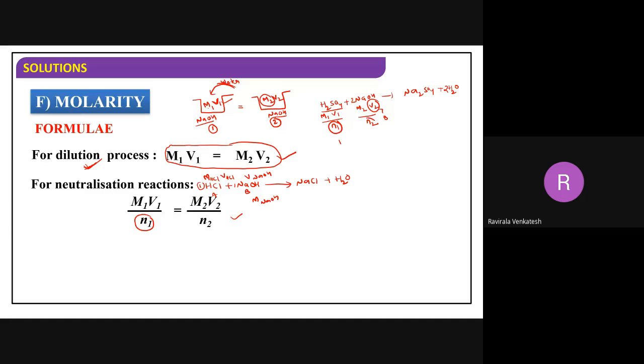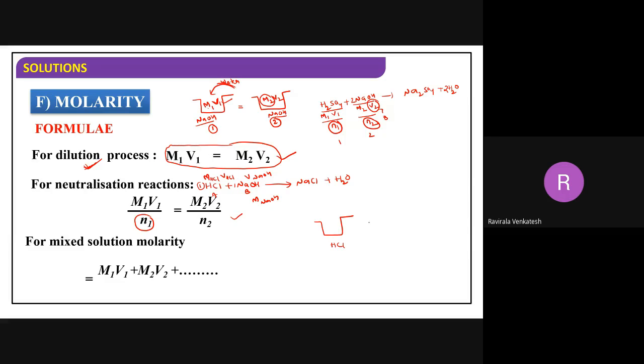N2 is equal to how many moles? 2. 2 moles. Like that you have to take it. Understood? This is the formula for neutralization reactions, for mixed solutions of molarity. For mixed solutions, I am taking 2 solutions here.